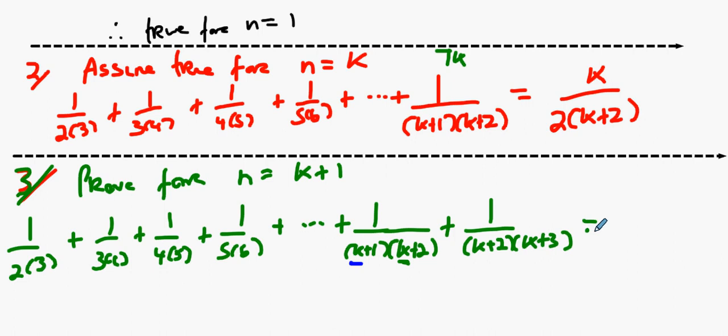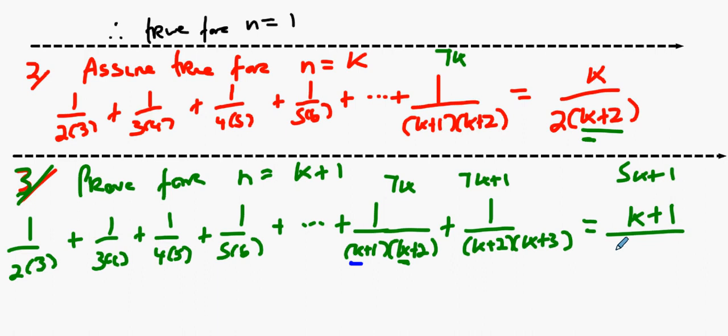Alright? So that's Tk plus 1, and this is S of k plus 1 over this side, which is k plus 1 instead of k. And what's k plus 2 when you're replacing k with k plus 1? K plus 3. Alright, is everybody cool with that last move we did?